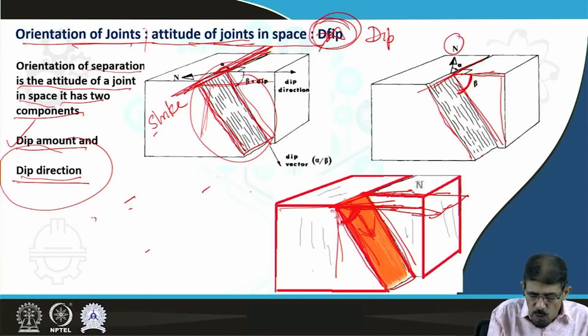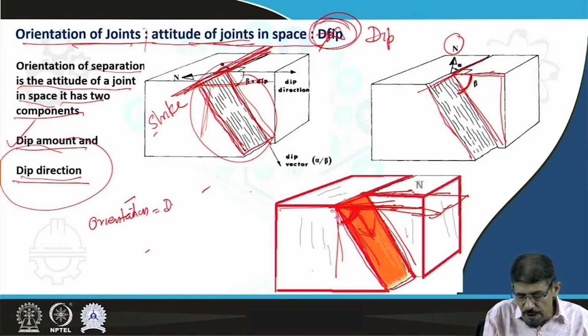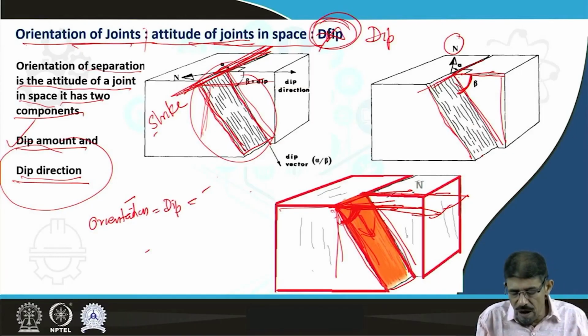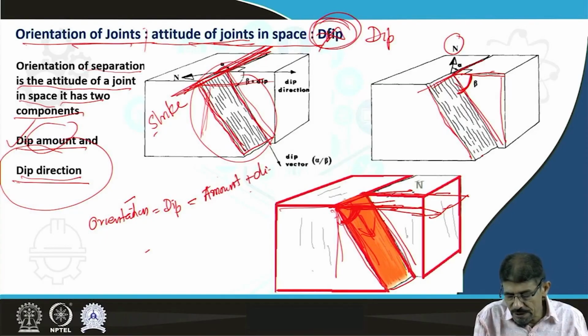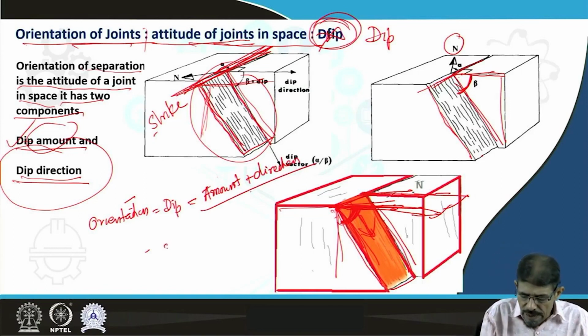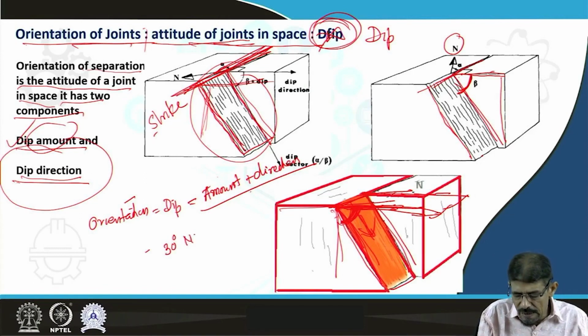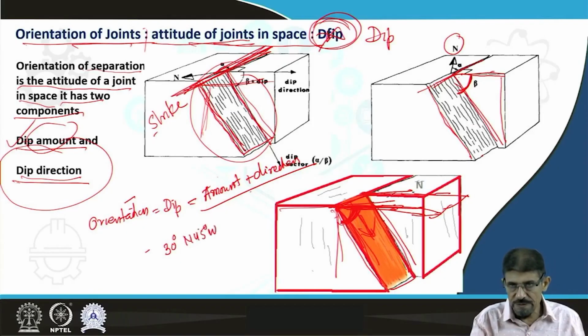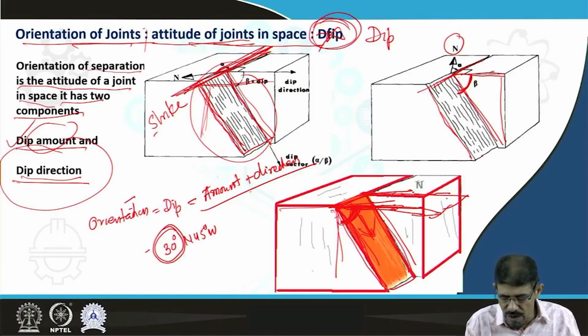So the dip or orientation is equal to dip, and dip is not defined by one term. Dip is amount plus direction. For example, 30 degree north 45 degree west means this plane shows an inclination of 30 degrees with respect to the horizontal, measured in a vertical plane.